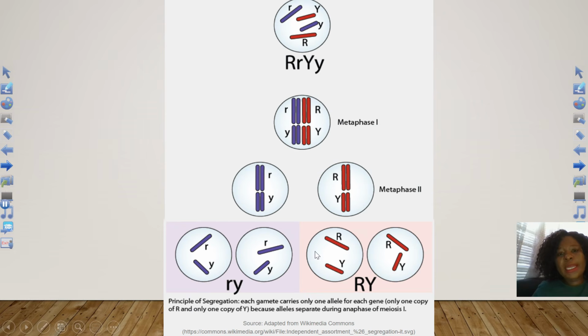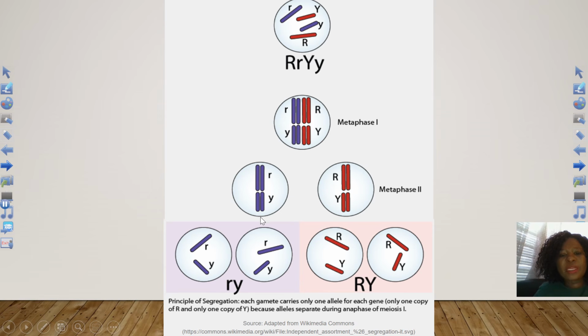So this diagram here is just to illustrate the principle of segregation, which happens in a dihybrid cross as well. There's your parent with the genotype capital R, small r, capital Y, and small y. Inside the cell are the chromosomes that are carrying the different alleles of that parent. Here it shows you the arrangement of these chromosomes at the equator, and each of these chromosomes segregates into the different gametes that will be produced.